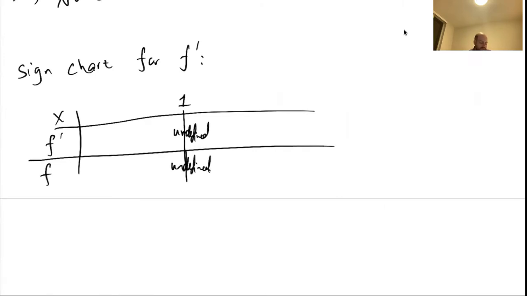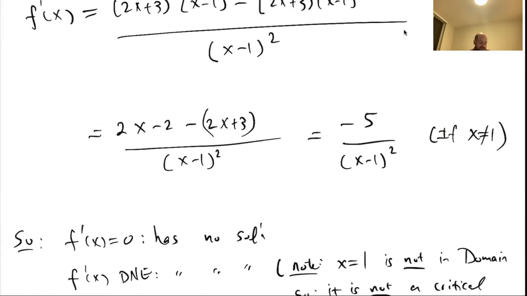But that's okay. Now let's see before and after what happens. Look at f prime. It's -5, which is a negative number, divided by x minus 1 the whole squared. X minus 1 the whole squared is always positive, except at 1, which is 0, but we have put 1 apart because we already said it's undefined at 1.